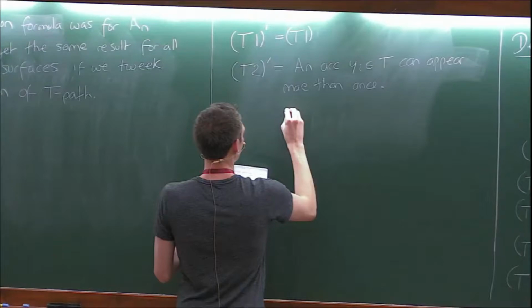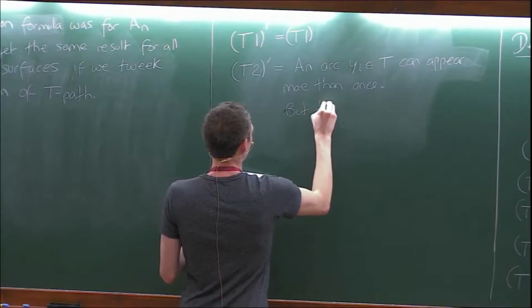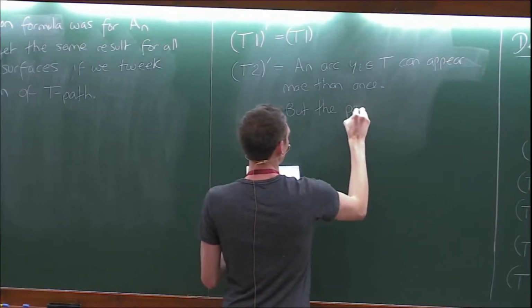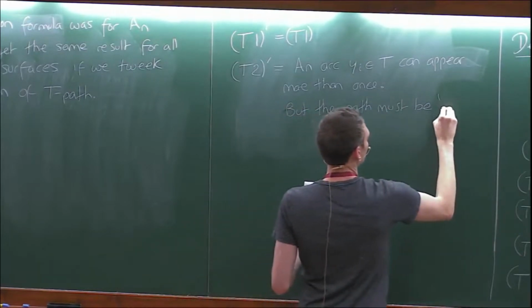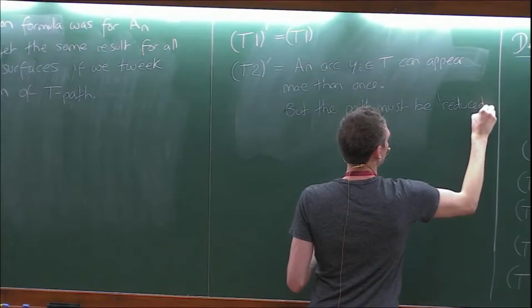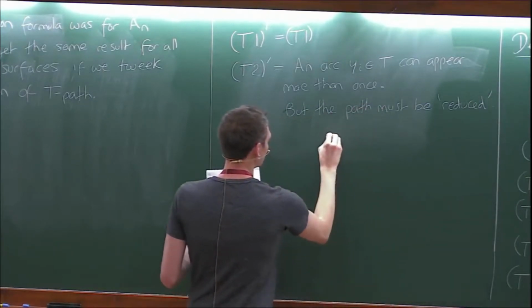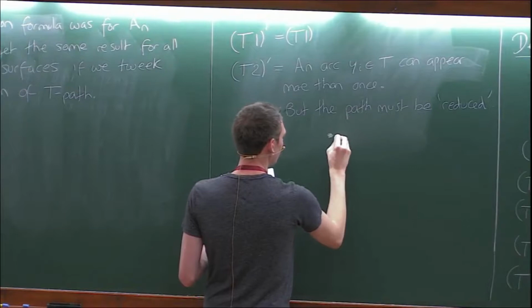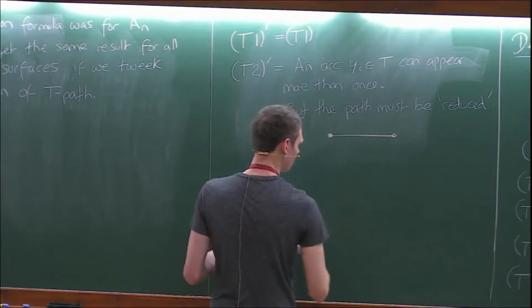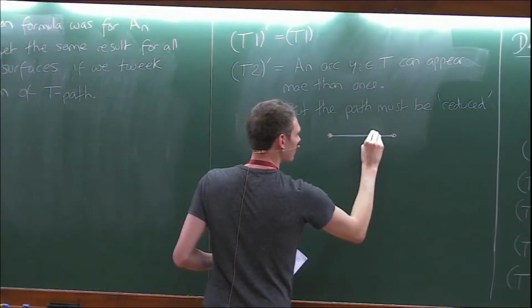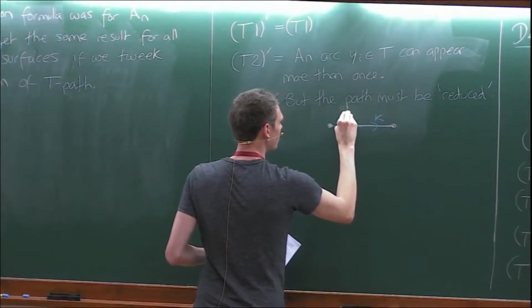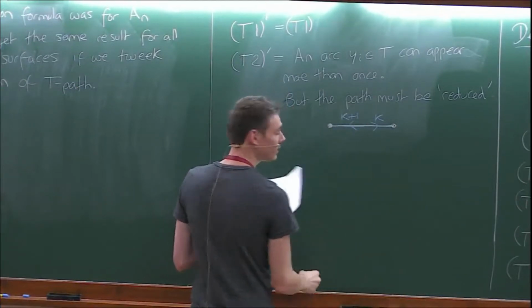And so we say that this path needs to be reduced. Okay, so let's just draw a picture of what I said is not allowed to happen. We're not allowed to go, say, k and then k plus 1. Is it clear what I mean by this?